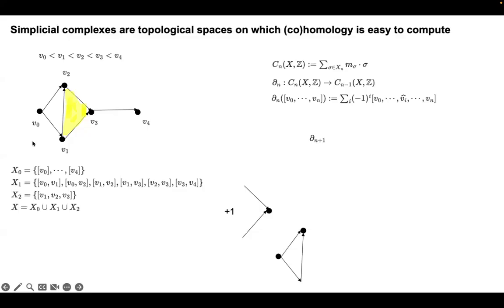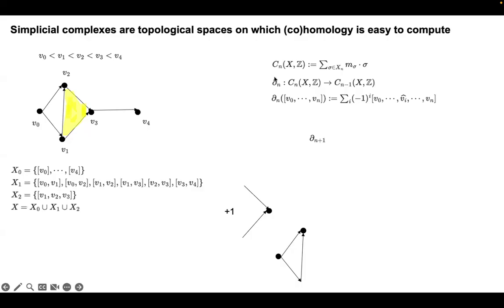Then the one simplices are the collection of edges as follows. And there is only one two simplex, colored yellow, and there are no higher dimensional simplices. So this simplicial complex consists of 0, 1, and 2 simplices.